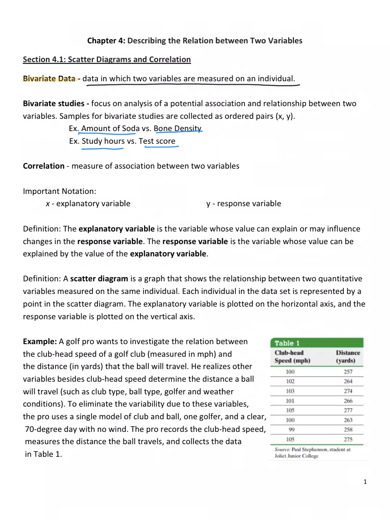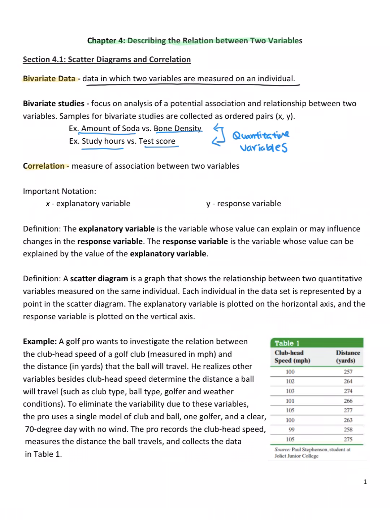So in this chapter, we're going to learn methods for describing, so that's actually the title of this chapter, describing the relation between two quantitative variables. That's what we're learning in this chapter.